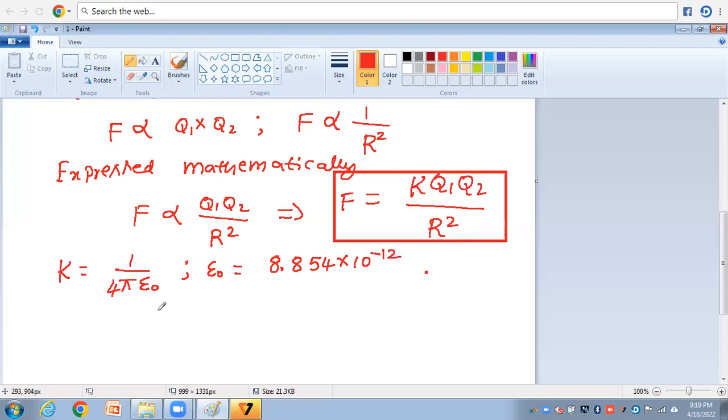After doing some mathematical calculation, the final K value is 9 into 10 to the power of 9 meter per farad.